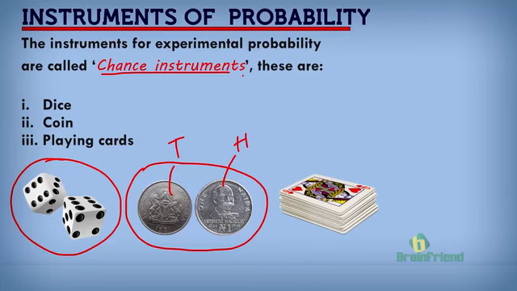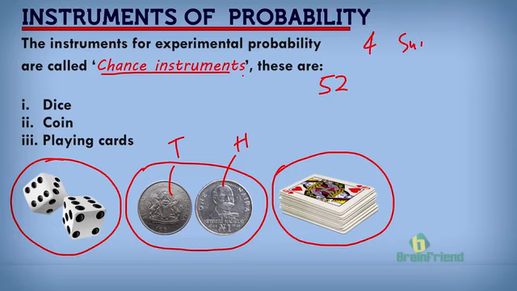And we also use a deck of cards. A normal deck of cards has 52 cards in them. It has 4 suits. We have the spade, the club, the diamond, and the hearts.